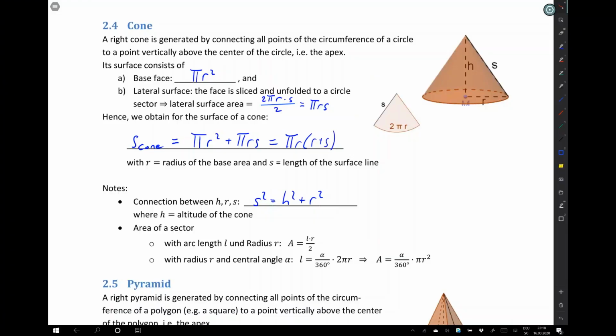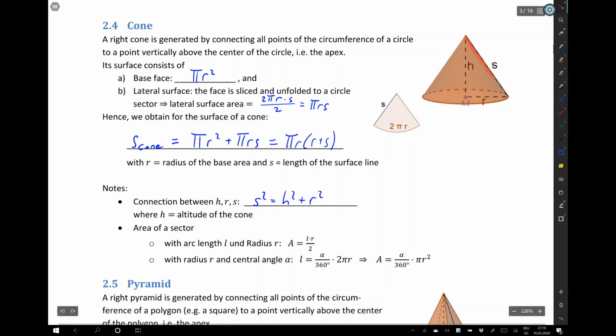When revising the formula for planimetry, we have seen that the area of such a segment is obtained as the product s times the length of the arc divided by 2. So we end up with pi r s, and we get for the total surface pi r squared, the base face, plus pi r s, the lateral face.